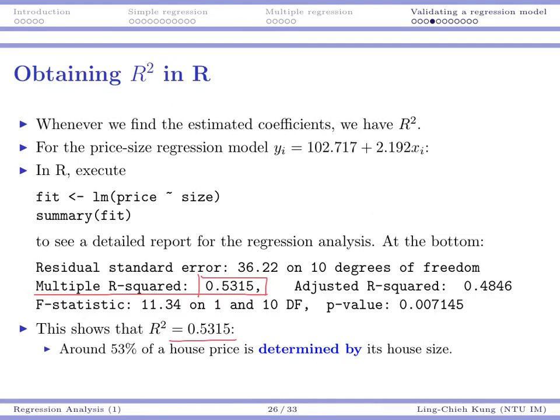We definitely know house size is not the only factor that affects house price. But with this R squared, we believe it determines around 50% of the house price, and that means all other factors together only account for 47%. So house size is really significant in explaining house price.